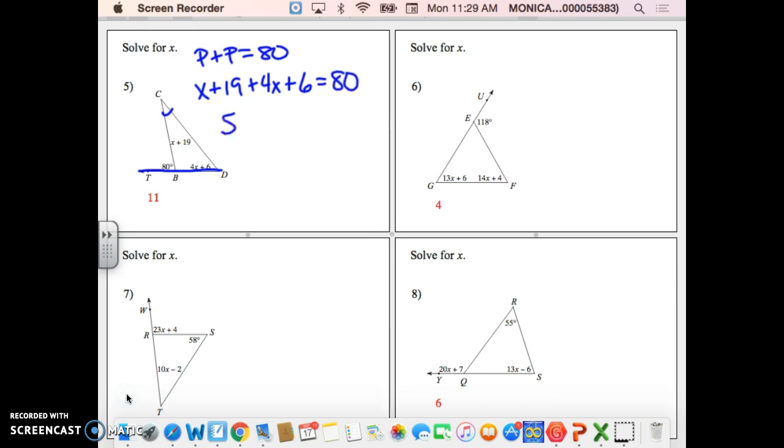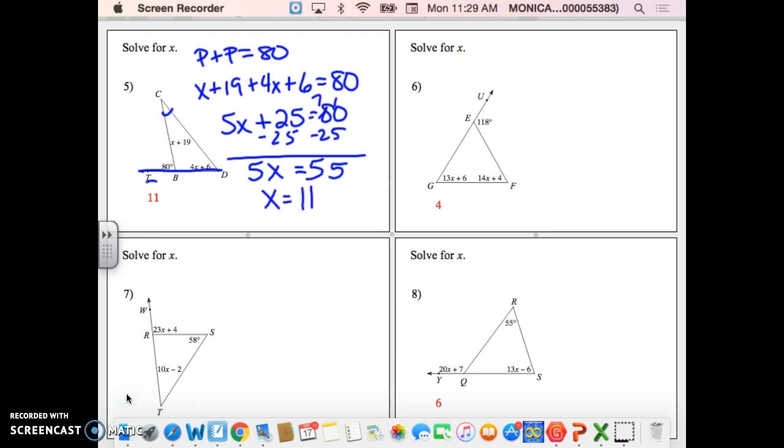So I've got 5x plus 19 plus 6, which is 25, equals 80. So now I subtract 25. So 5x equals, let's see, this becomes 7. 2 from 7 is 5. So x is going to equal 11, which is what we have here.